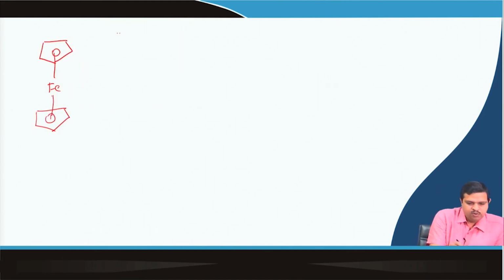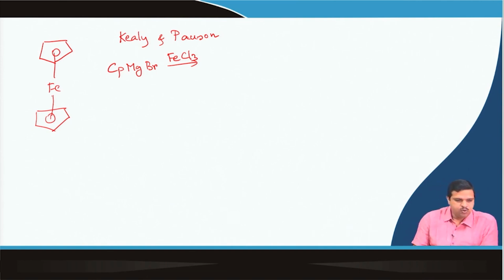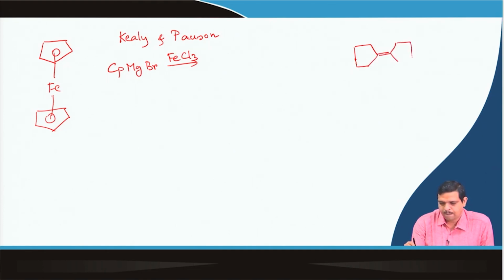Back in 1951, two scientists called Kealy and Pauson tried to synthesize fulvalene with the reagent CpMgBr, through oxidative coupling in the presence of the Lewis acid FeCl3. So their initial target was to make the fulvalene.